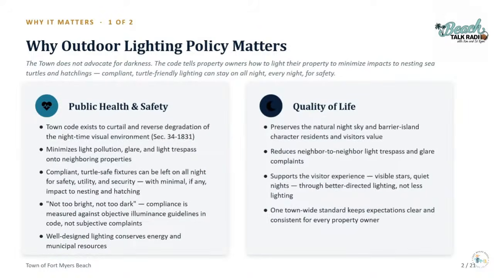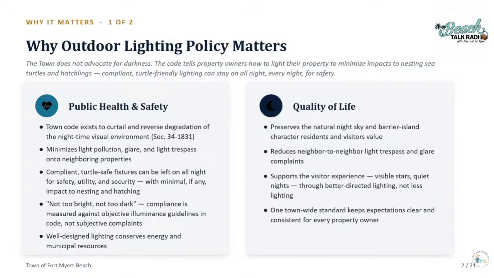We have public health and safety considerations just with the lighting standards. We don't want glare into our right of way. It's distracting when driving down the road and you have a big spotlight in the road. It's just a balance of having it not too bright, not too dark, and having a good nighttime visual environment for our residents and visitors.